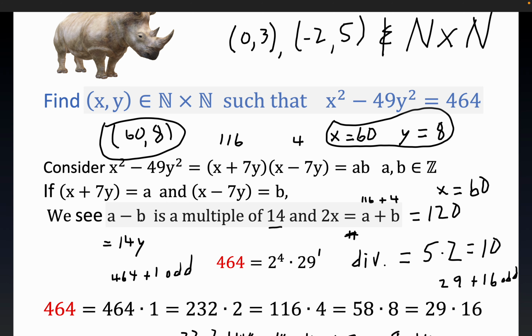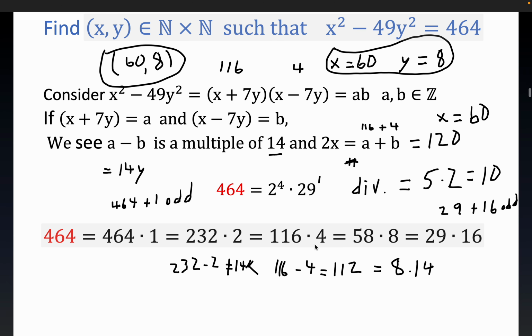You see, this A minus B has to be a multiple of 14. There was only one pair of divisors where that occurred, and that turned out to be our only answer, 116 times 4. 116 minus 4, of course, is 112, which is a multiple of 14. None of the others enjoy that property. And you could get rid of 2 of them real quick just on this odd condition.